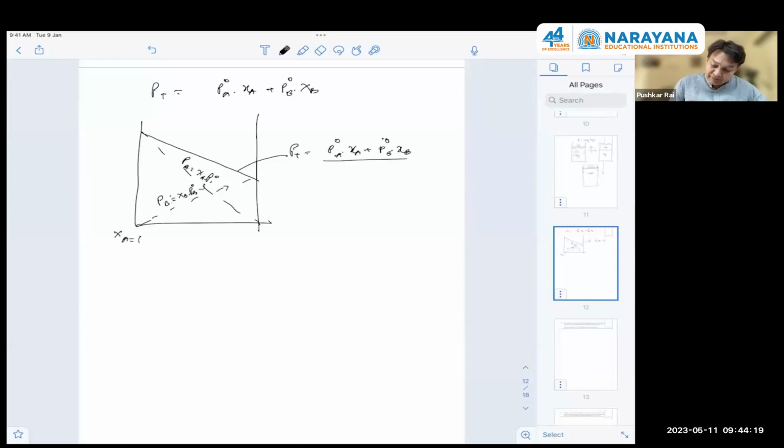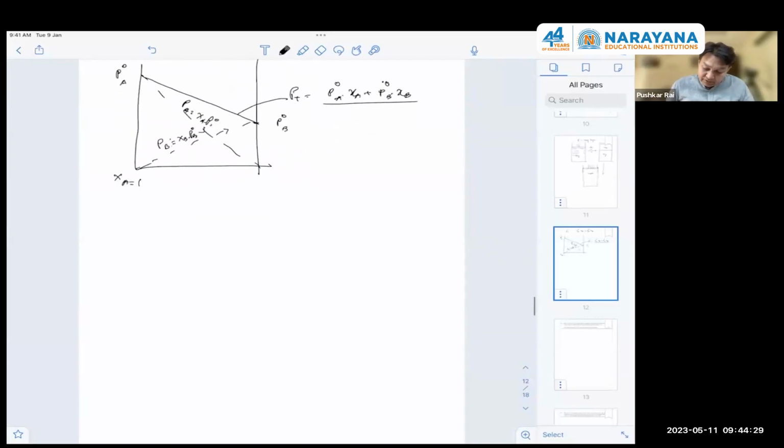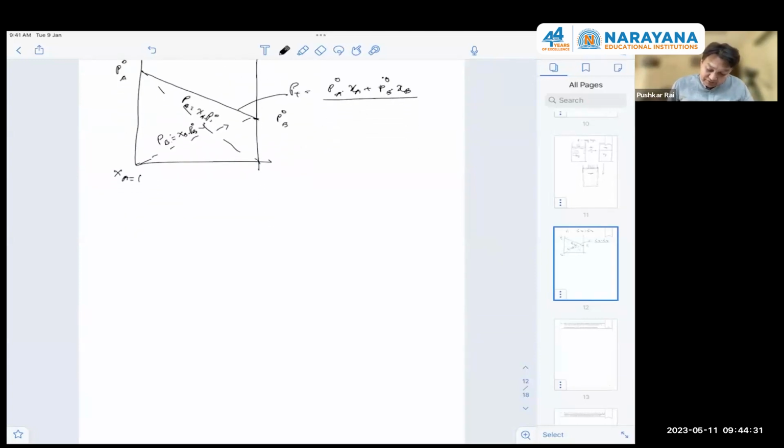That is Raoult's law. What I'm doing, you know already. Okay. So, but in this Raoult's law, this pressure is P naught A and this pressure is P naught B. What about this line? So we also know another formula. I think you are aware of that formula, that YA is equal to P naught A into XA divided by PT.